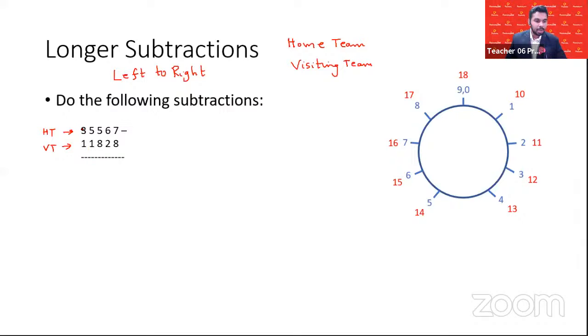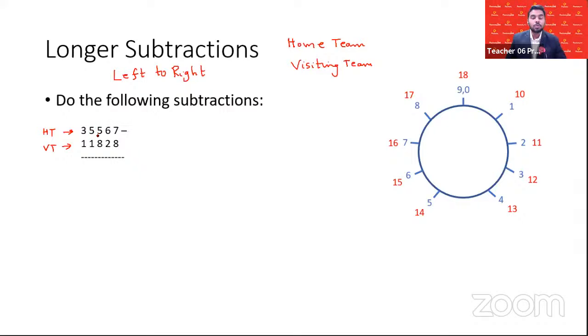In order to help the home team win, the bigger players, meaning the players who are in a higher place value, have to share their runs with the players who are coming next, or the players who are younger than them. So you see, the first place is 3. 3 minus 1, it is done. 5 minus 1, also there is no problem.